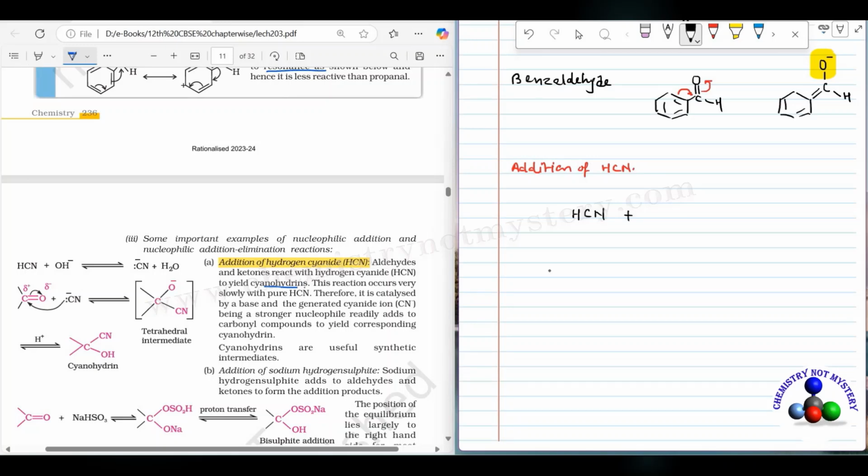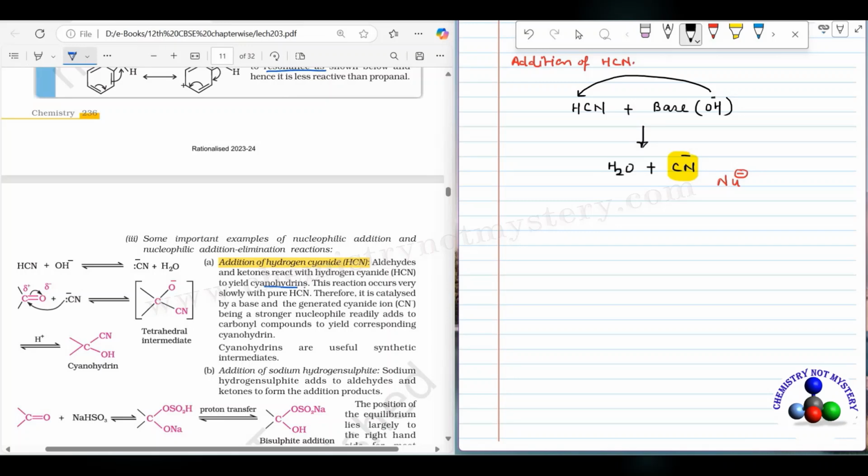When it reacts with base, or you can say OH negative ions are there, these OH negative ions abstract H plus from the HCN, and as a result it produces water and CN negative ion. And this CN negative ion acts as a nucleophile for this reaction.